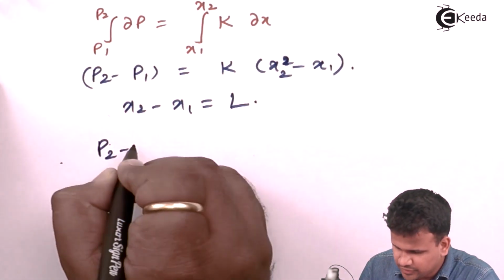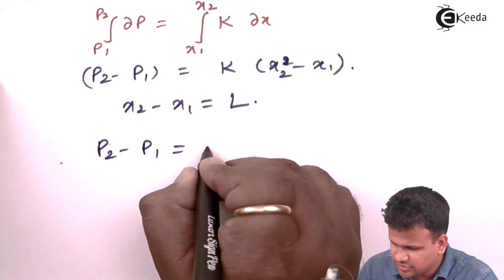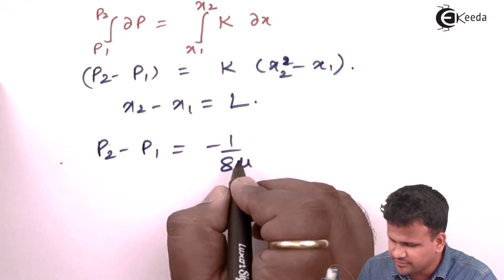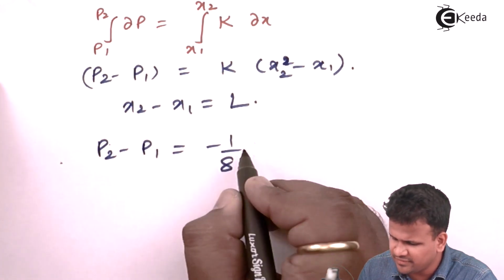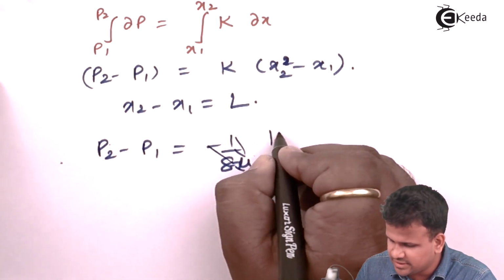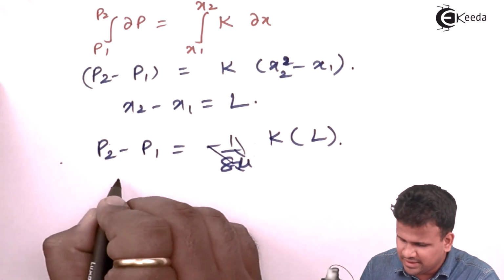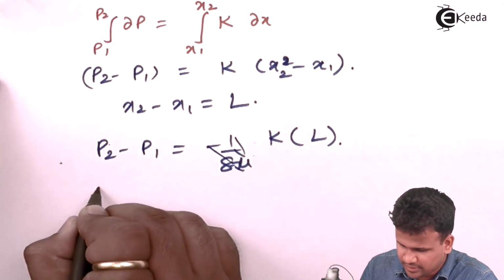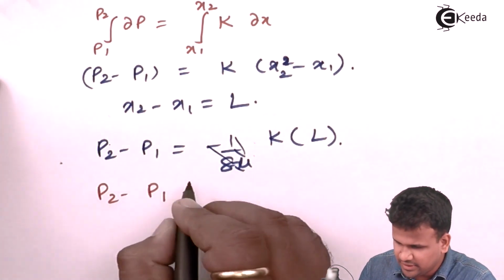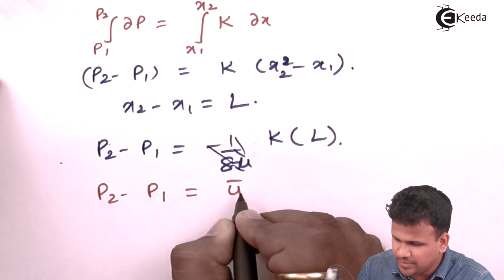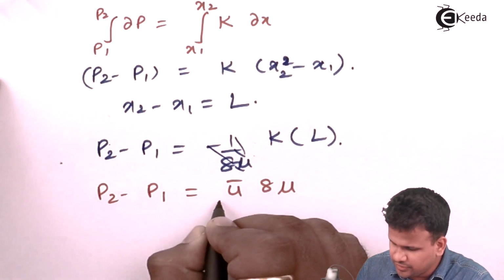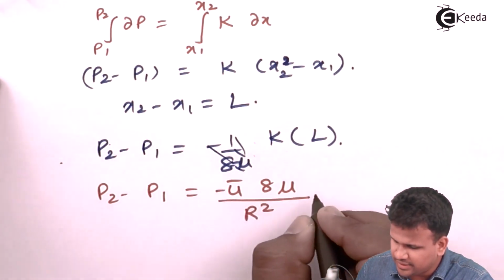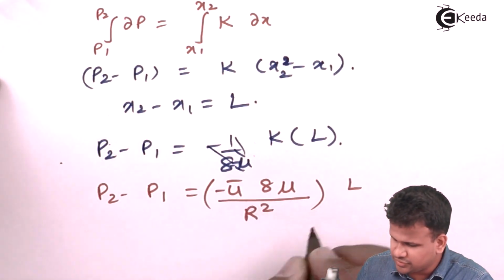P2 minus P1 is equal to K into L. Then we substitute the value of K, so P2 minus P1 will be equal to u bar into 8 mu upon r square into minus 1 into L.